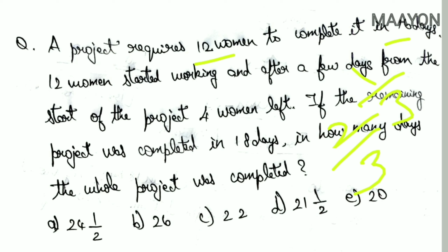So the initial women would have taken slightly lesser than 5.33 days, which would equal 18 plus 5.33 gives out 23.33. In the options, the values slightly lesser than 23.33 are 22 and 21 1 by 2, and there is a difference of only half a day. So the options are so close that we can't find the exact answer here. Now let's see the model 3.